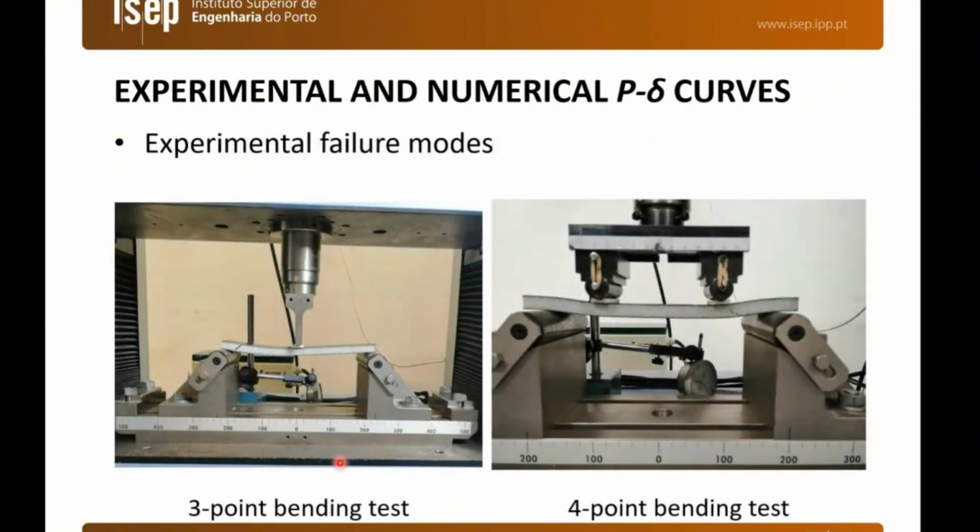In terms of failure mode, in all of the experimental cases, we had shear failure in the core as the primary failure mode, which agrees with our numerical representation. We can see the shear failure in the core at 45 degrees. This is one specimen for 3-point bending and another specimen for 4-point bending.